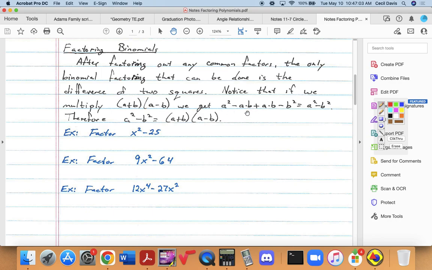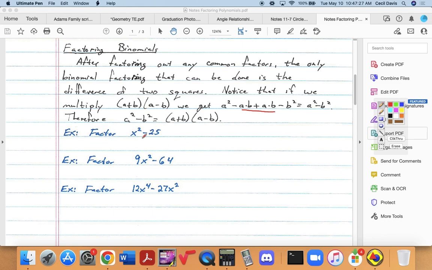A times negative b is negative ab. Then distributing, b times a is a positive ab. What's going to happen with those 2 terms? They're going to cancel each other out. They're going to add up to 0. And then b times negative b is negative b squared. So we end up with a squared minus b squared.